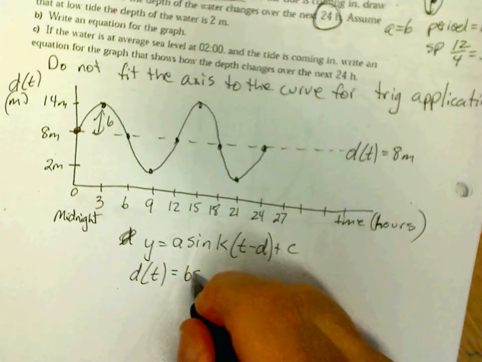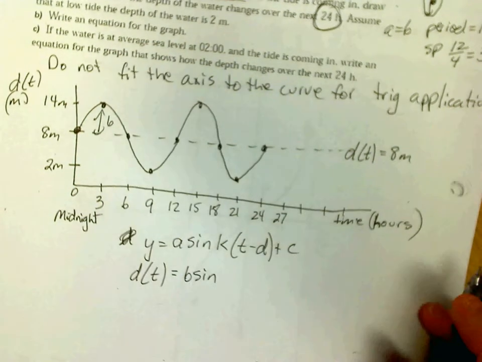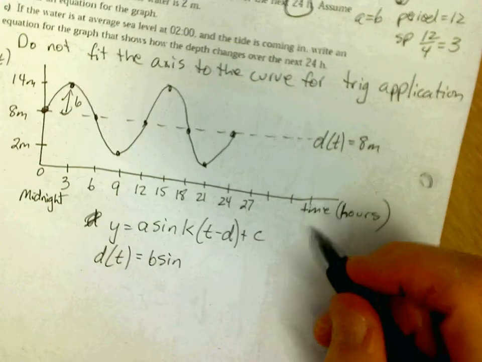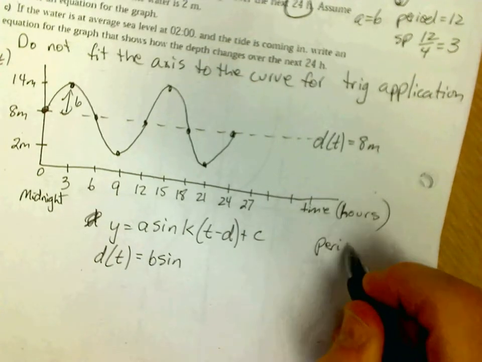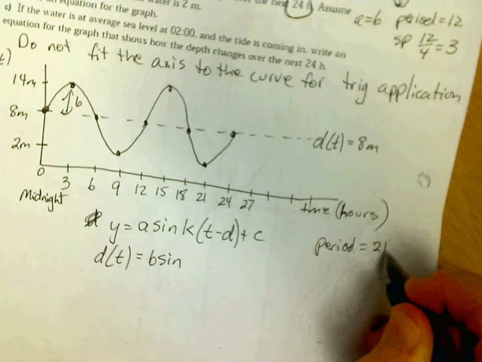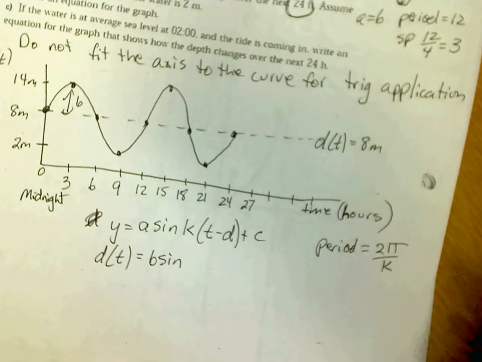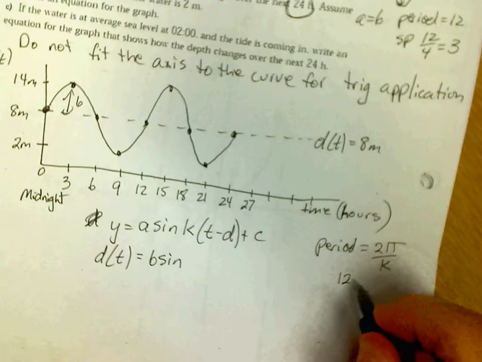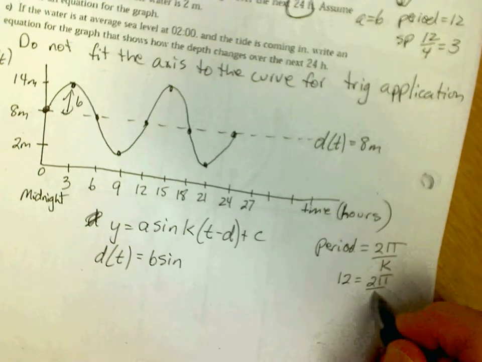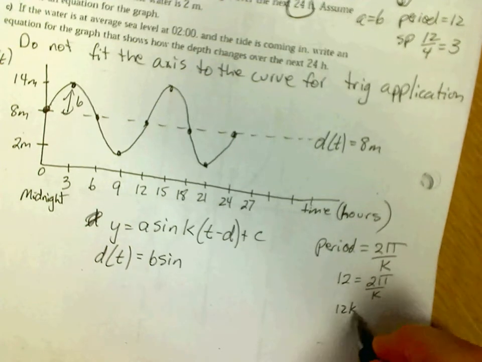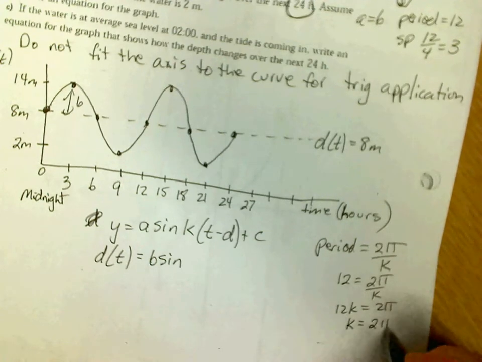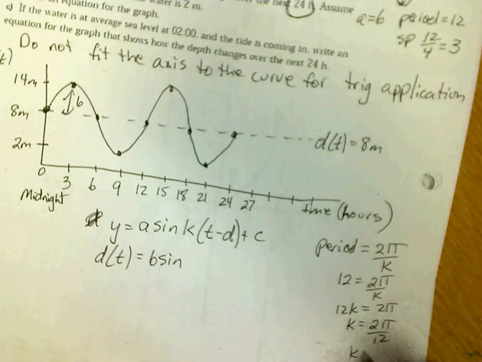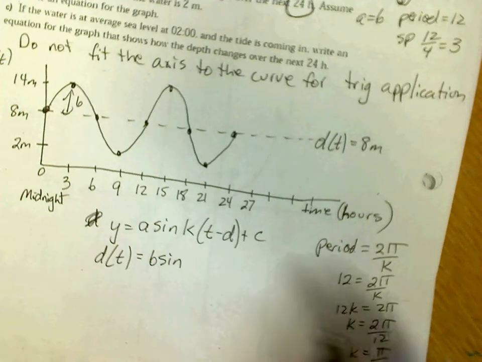Now we have to calculate our k. You know our period is equal to 12, and period equals 2 pi over k. That's the formula I gave you. So 12 equals 2 pi over k. 12k equals 2 pi. k equals 2 pi over 12. k equals pi by 6.